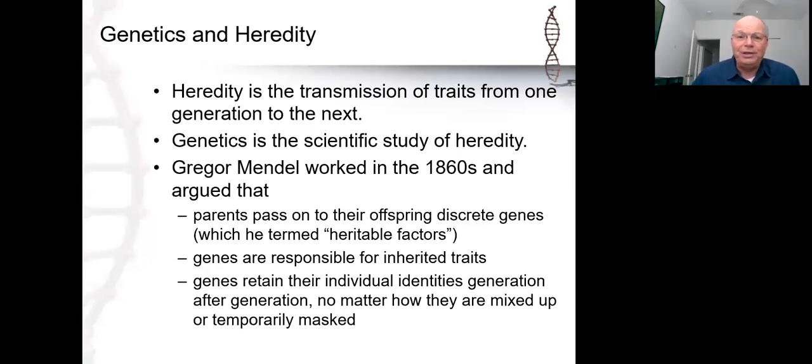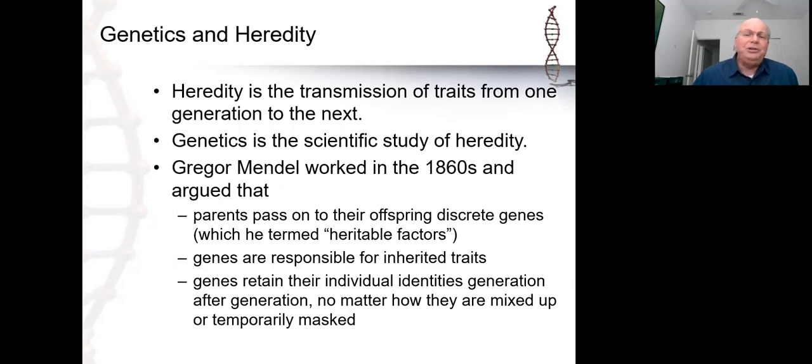Whatever was being inherited, and the term gene would not be invented until around 1930, so it would be much later that the term gene would come into widespread use. So the idea of inheritance particles was Mendel's explanation, and he deliberately used the term particle because, as we know, particles tend to be coherent and indivisible. They remain discrete. And that was his understanding of inheritance based on his experiments.